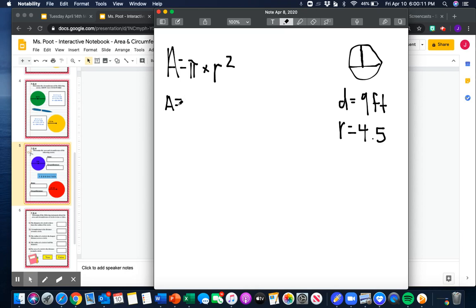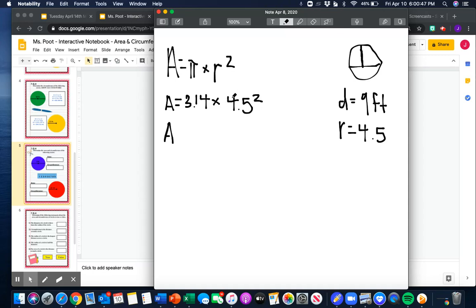Area equals 3.14 times 4.5 squared. All right, I'm going to pause here. Now, if I have this, what's the first thing I need to do to solve it? I need to remember PEMDAS. PEMDAS is parentheses first, no parentheses. E is exponents.